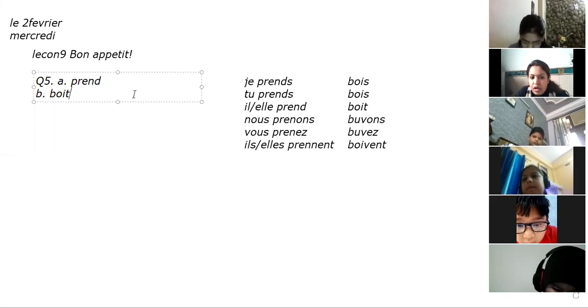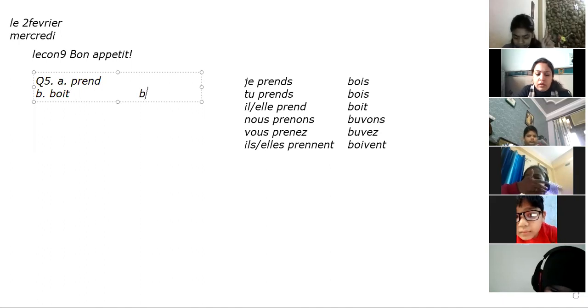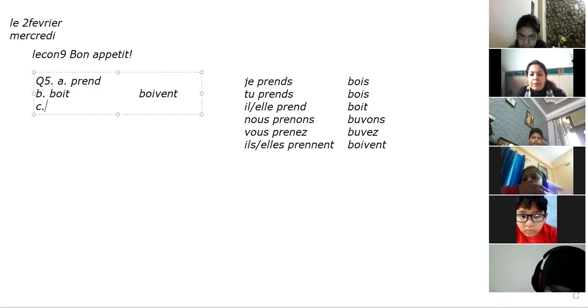BOIT. हाँ जी. अब नेक्स्ट है ils. Ils के साथ क्या है boire verb में? That's why I have written the verb here. Boivent. Yes, ils boivent. So this way you have to fill. आप sentence का subject देखिए क्या है और subject के accordingly fill the verb.